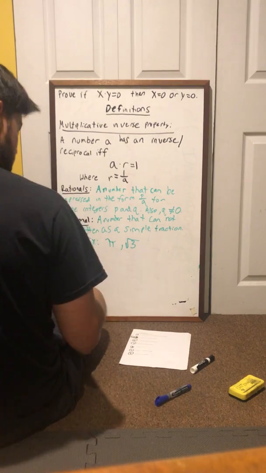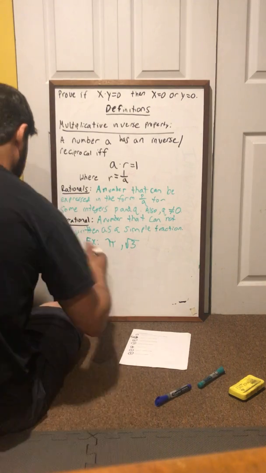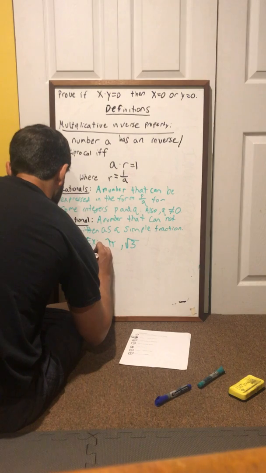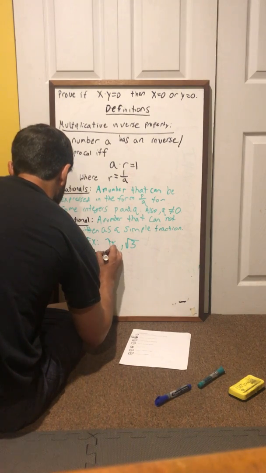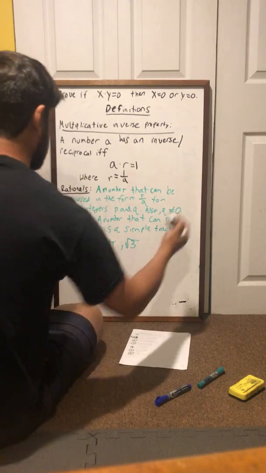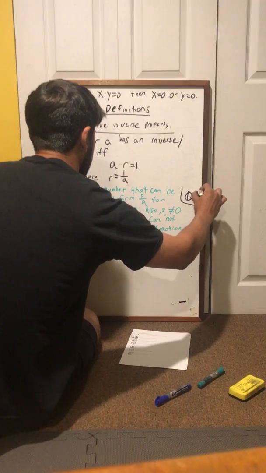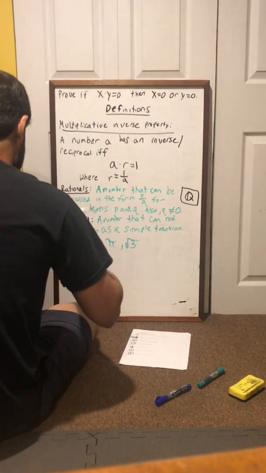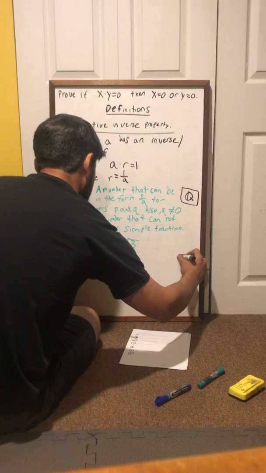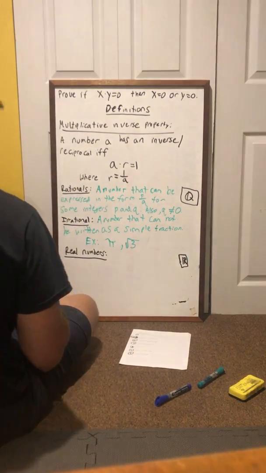The next number we're going to go over is real numbers. Okay. So, actually, just going back to rationals. Rationals are going to be expressed using the symbol Q, okay? And real numbers are going to be expressed using the symbol R, okay?